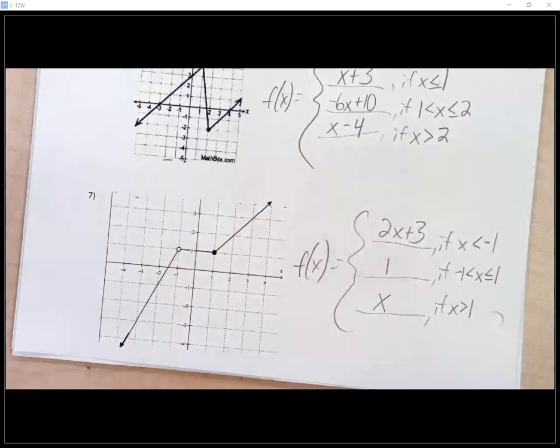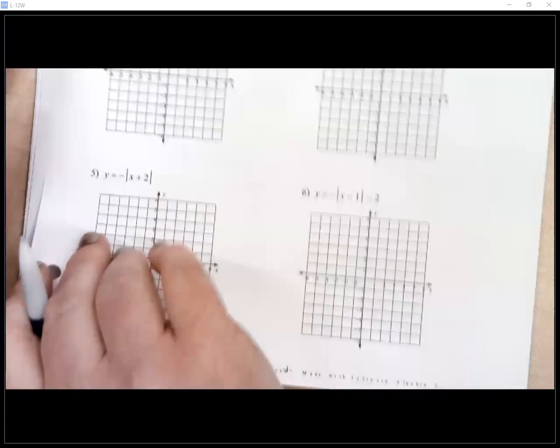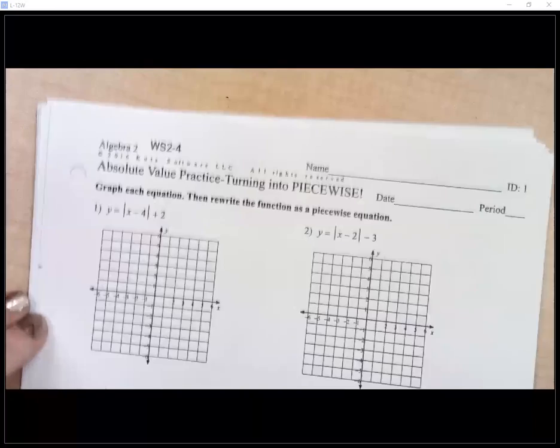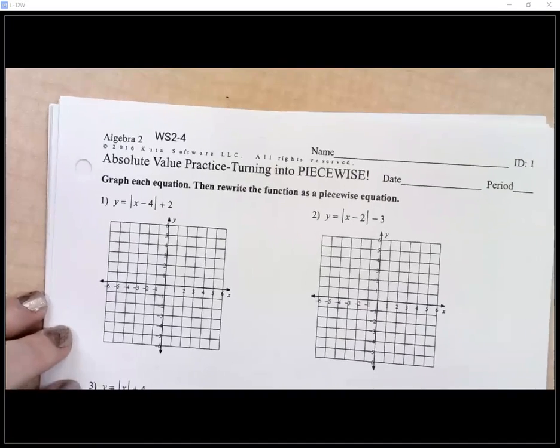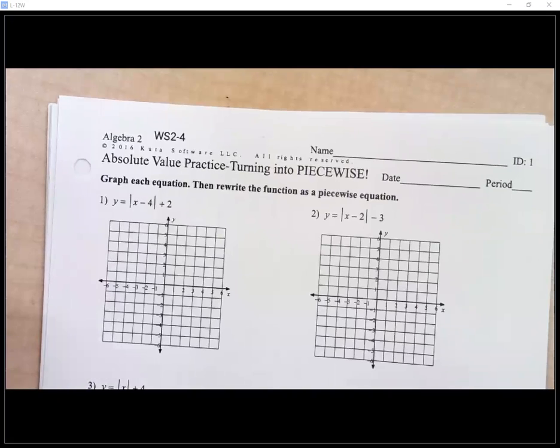Okay, so I just gave you a new sheet that says absolute value practice turning into piecewise. So let's look at the directions here. The directions say 1, graph each equation, and then 2, rewrite the function as a piecewise equation. So let's refresh our memory on how to graph these when they're written as an absolute value.